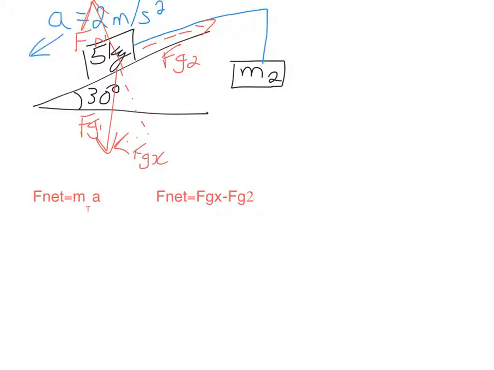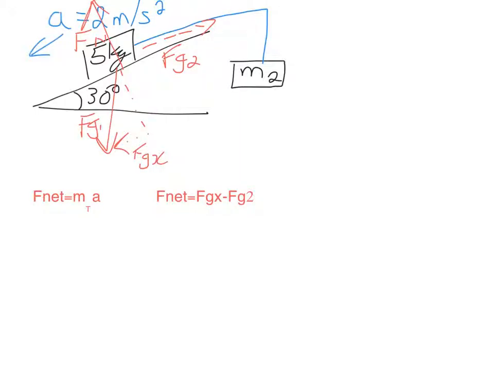Now, one thing to keep in mind here is that for the F net, this mass is the total mass. So I'm going to rewrite that one in a slightly different way. I understand that it's the total mass, but I want to rewrite it like this. Here we go.